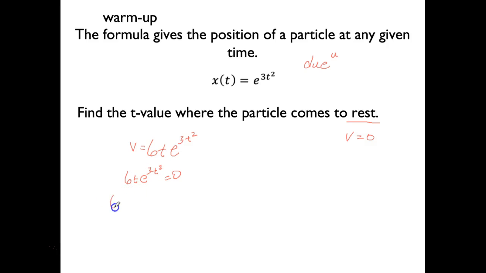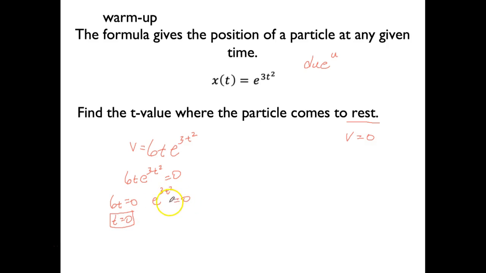So I can separate this: 6t equals 0, and e to the 3t squared equals 0. For this one, you divide by 6 and you get t equals 0. So there's one point at which the particle came to rest, at the beginning value, where it started at t equals 0.